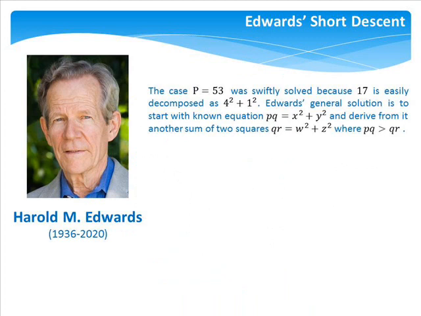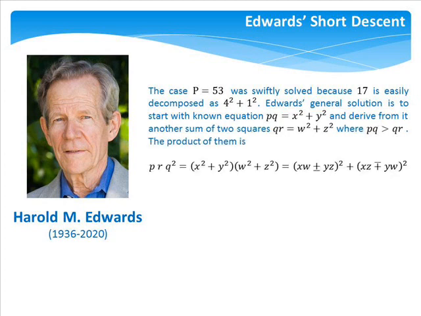Well, the case for prime 53 was swiftly solved because 17 is easily decomposed as 4 squared plus 1. Edwards' general solution is to start with a known equation p times q equals x squared plus y squared and derive from it another sum of two squares, q times r equals w squared plus z squared, where p times q is bigger than q times r.